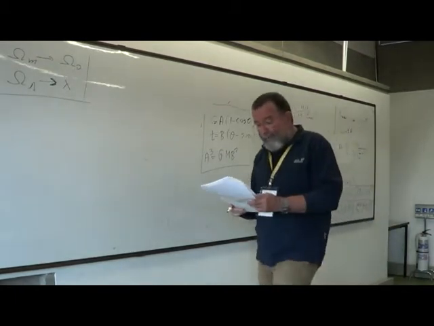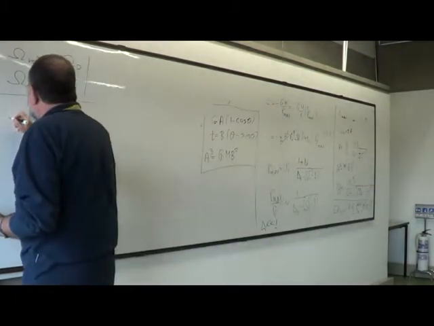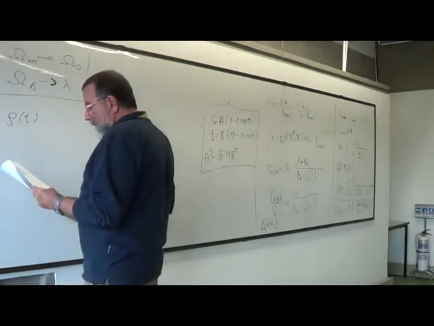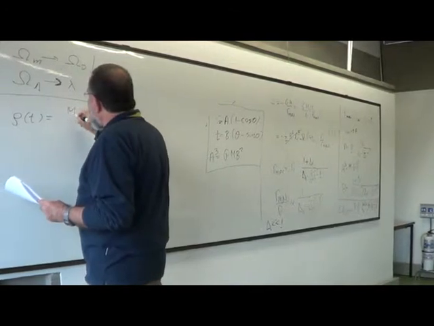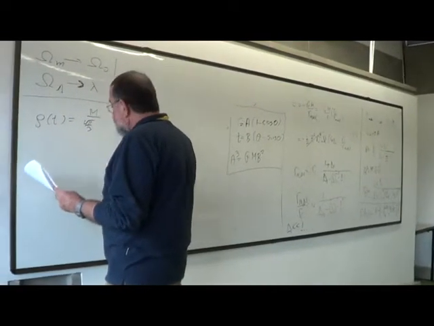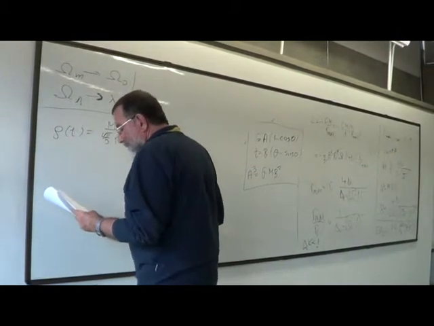So the density as a function of time is just the mass divided by 4 pi over 3 times r cubed.